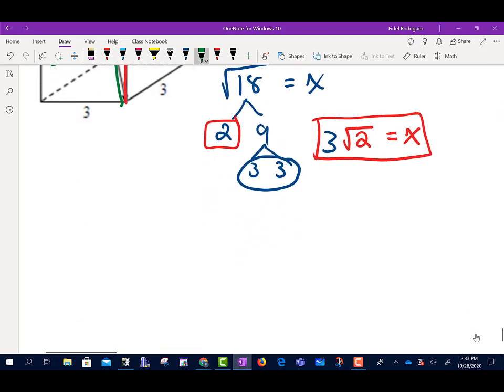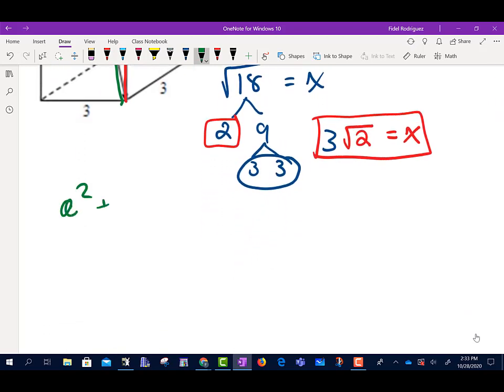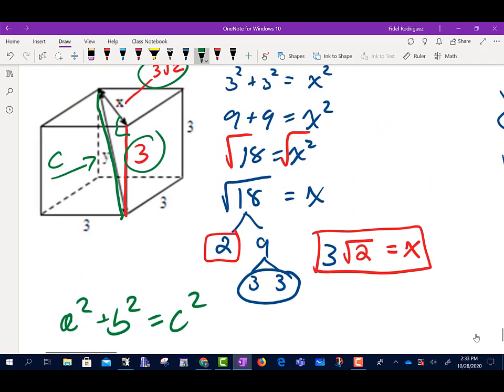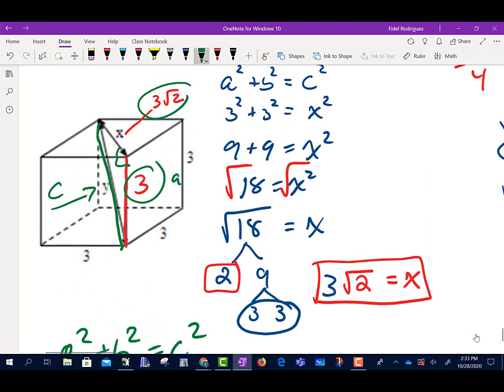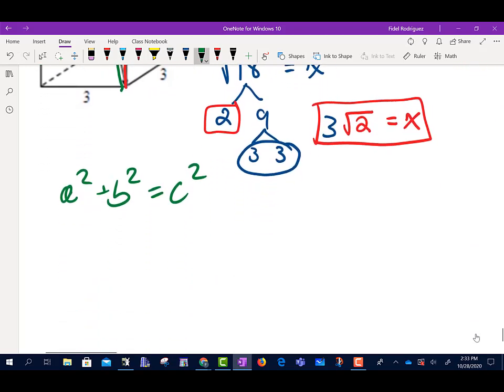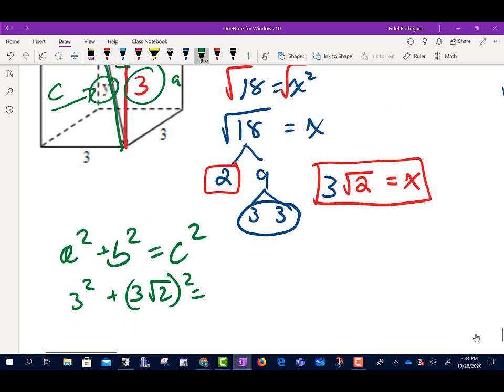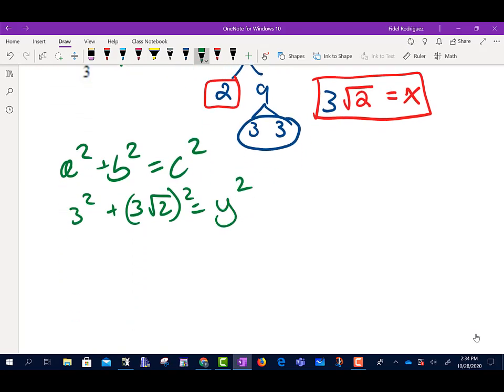I'm going to write down my formula again: a squared plus b squared equals c squared. How about if we call this one here a, and this one here b? So we're going to say 3 squared plus 3 times the square root of 2, squared, is equal to our hypotenuse. In this case, we're using the letter y squared.